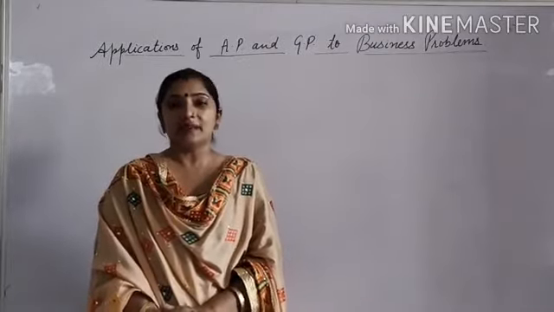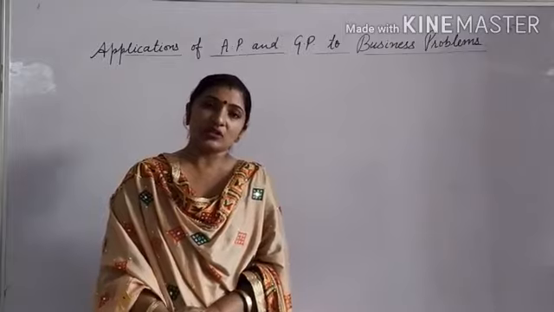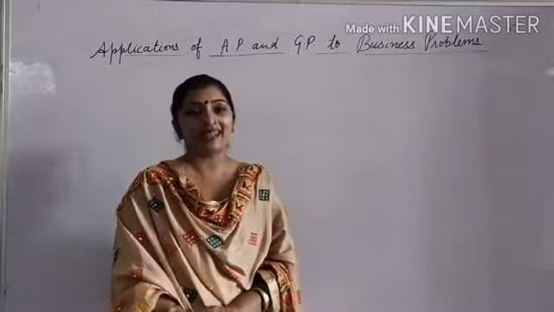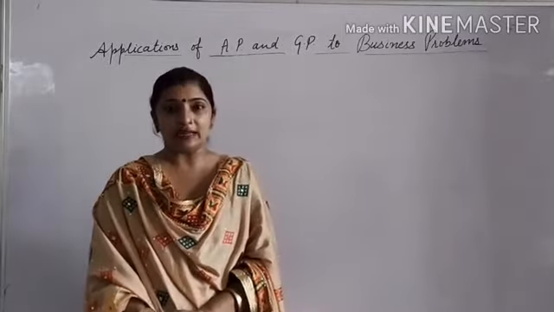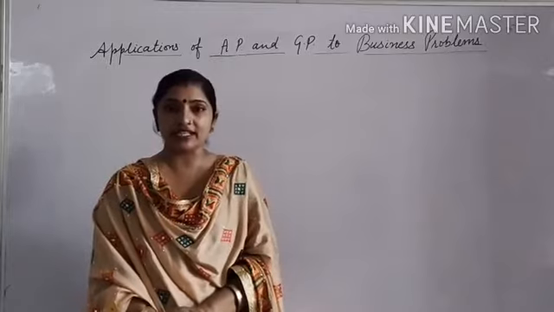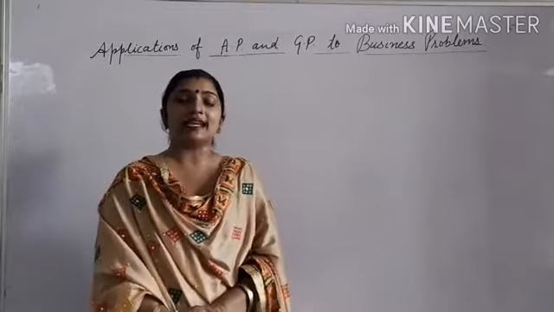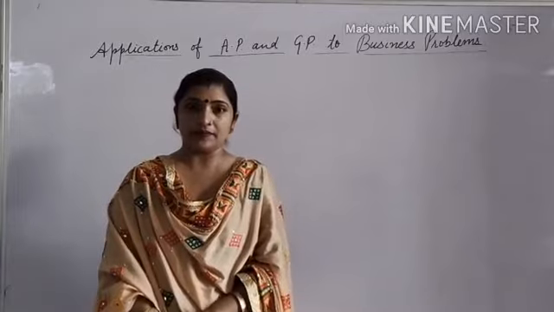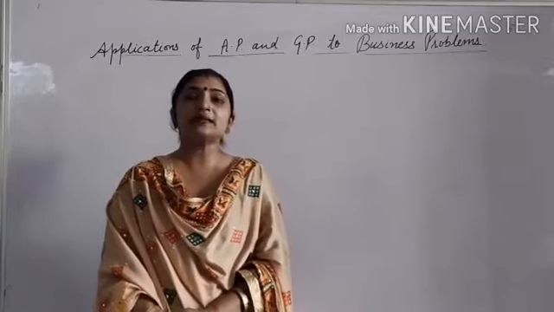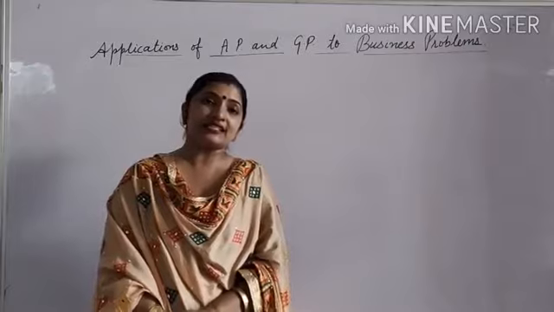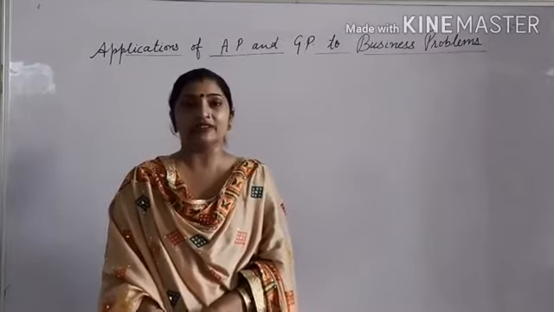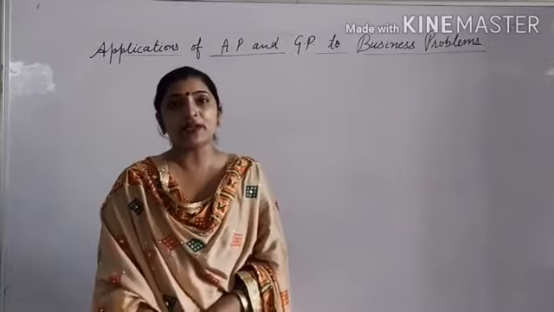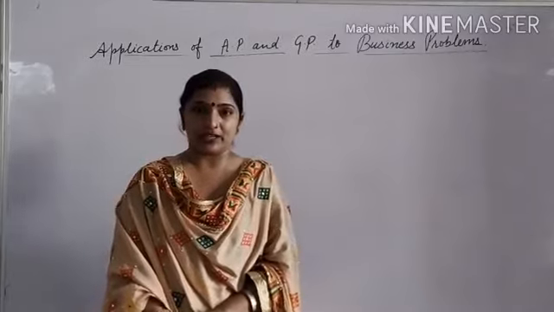Students, in my lecture today, we are going to discuss some practical applications of AP, that is arithmetic progression, and GP, that is geometric progression, to some business problems. Before doing the problems, let us first discuss some notations that were used in arithmetic progression and geometric progression.